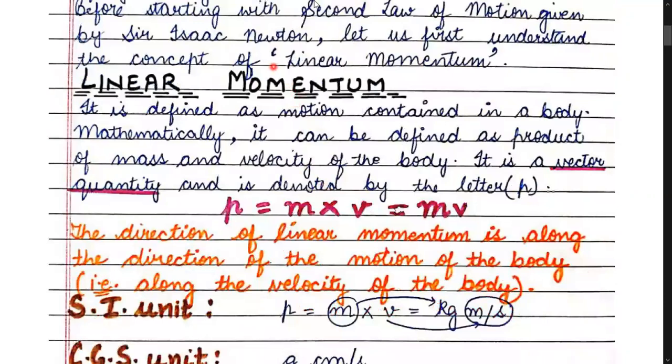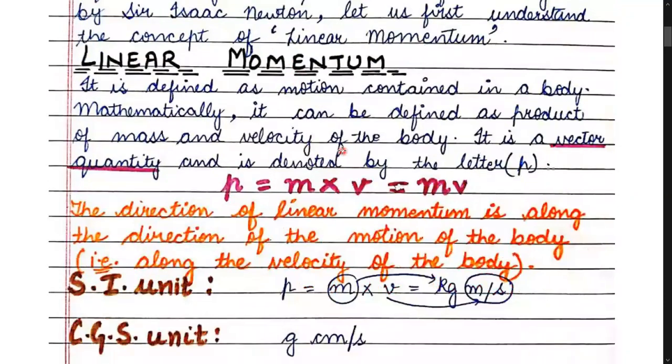Now, children, linear momentum. It is defined as motion contained in a body. How to define linear momentum? It is defined as motion contained in a body, and mathematically it can be defined as the product of mass and velocity of the body.